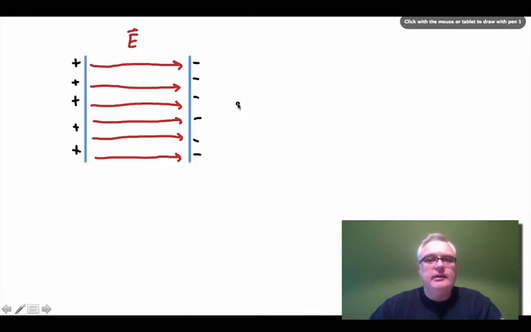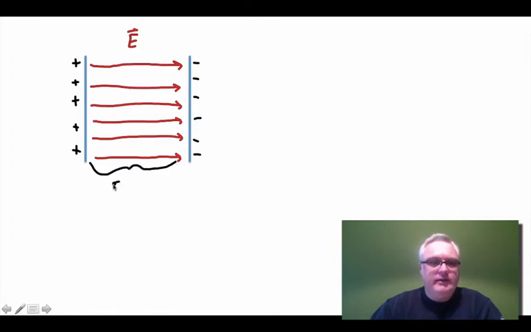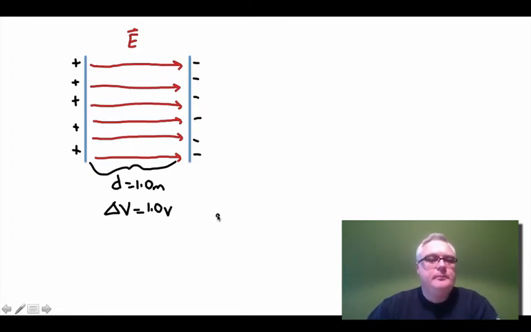And we know that the parallel plates are separated by a distance, let's say, of 1 meter. And we also know that there is a potential difference of 1 volt. Okay?